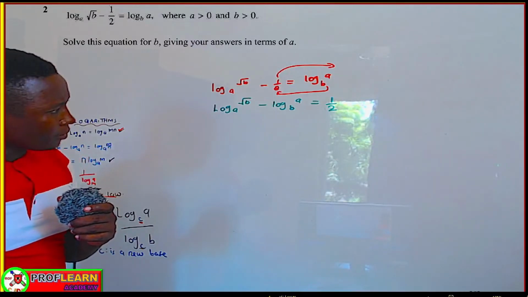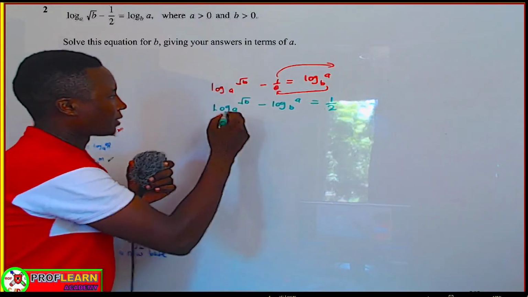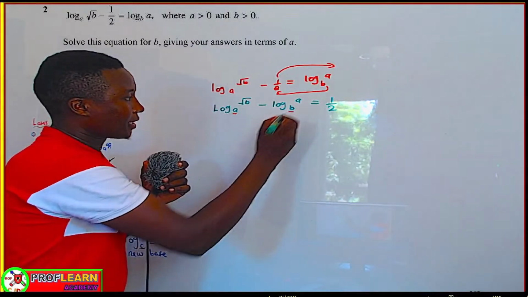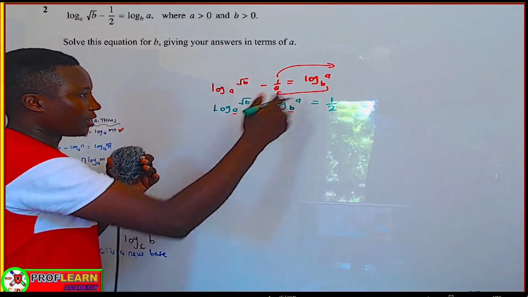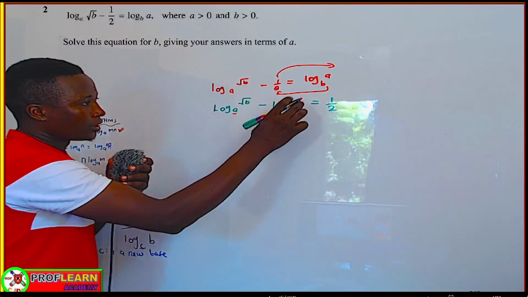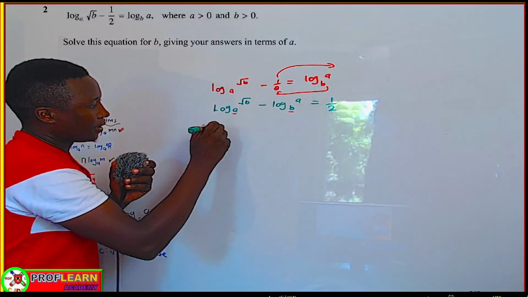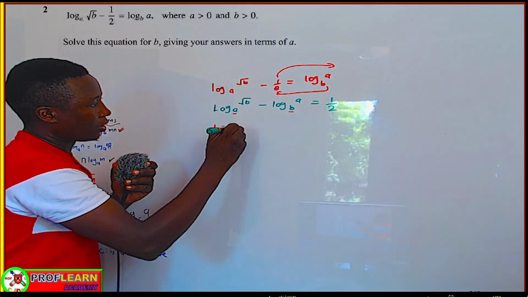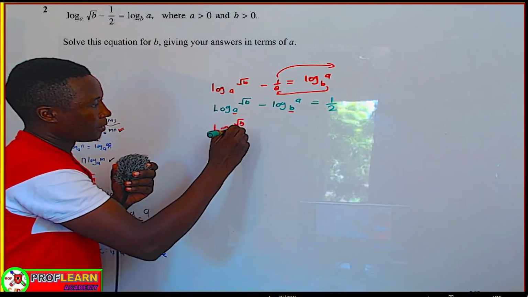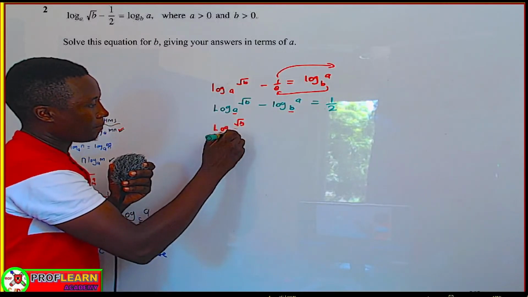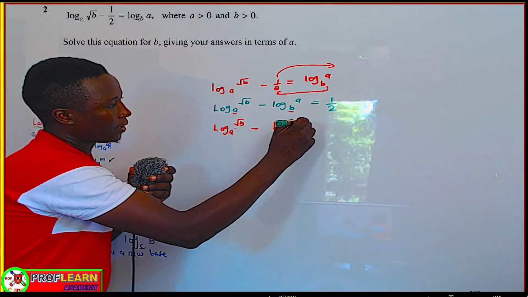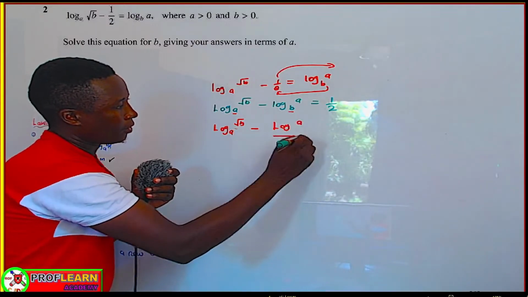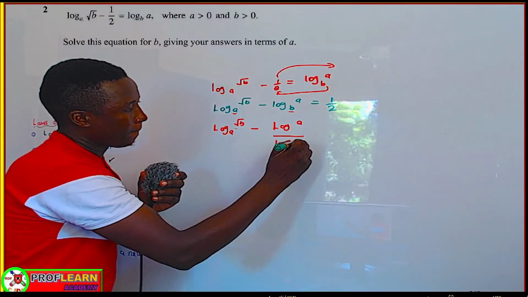The next thing, we look at the base at this point and the base at this point, they are not the same. So we are going to interchange that. In order to change this to base a, this is going to be written as log root b base a minus, we shall say this is log a over log b.